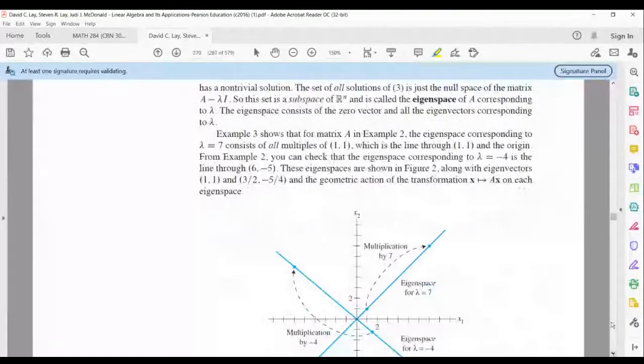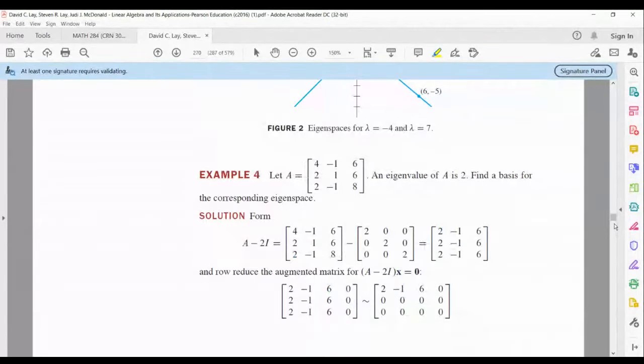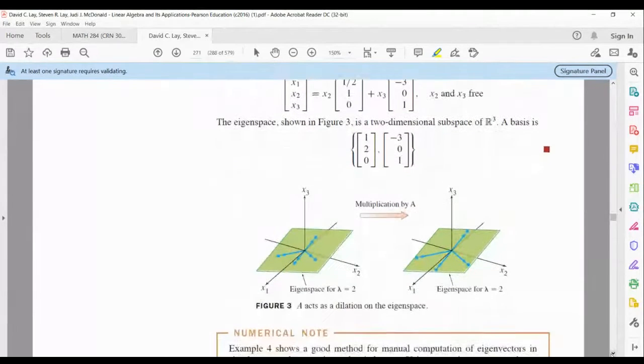So this corresponds to example 4, the one that we did here, and there are the two basis vectors.